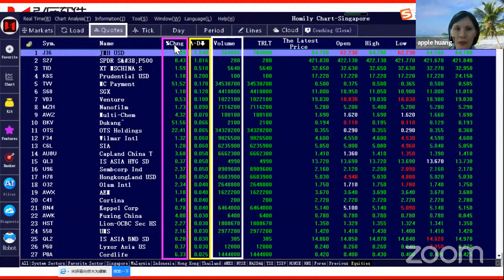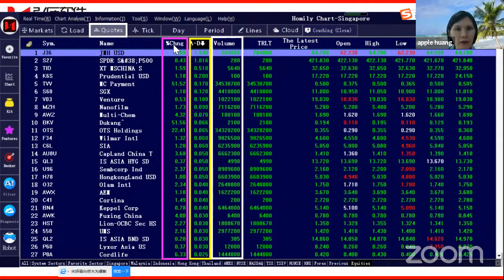So the PC Kit will sort the stocks based on the percentage of change for you, in ascending or descending order.